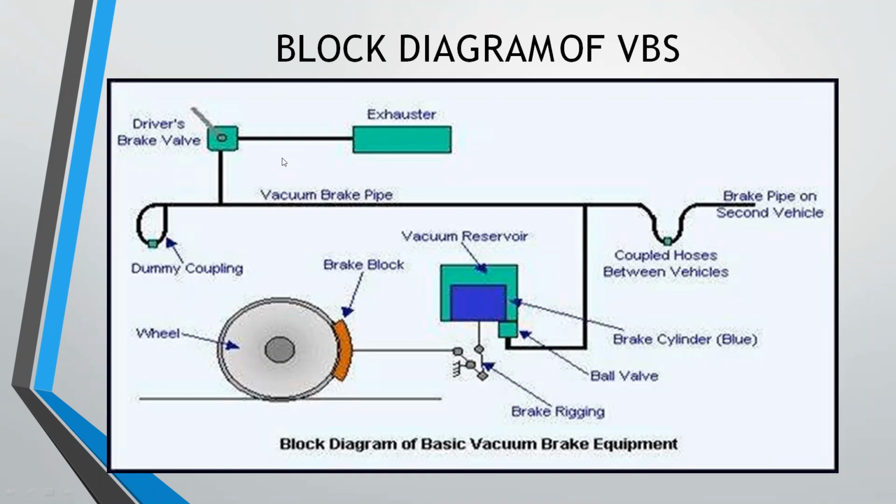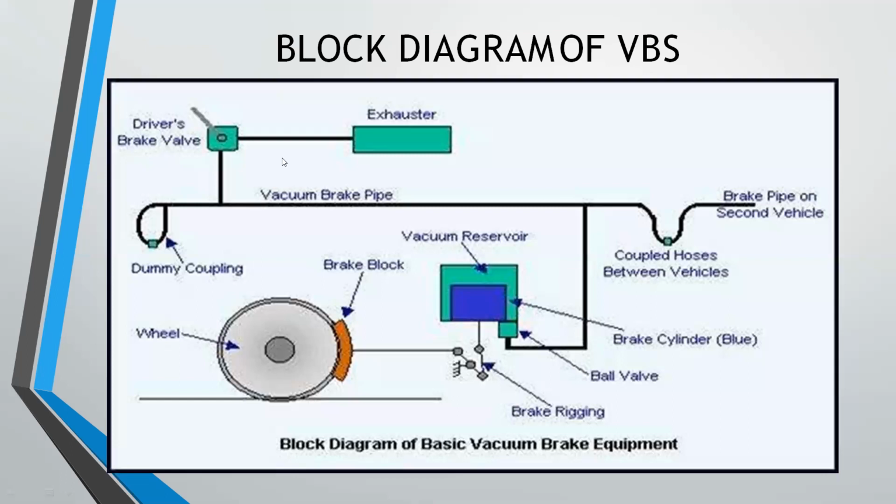So you can see there is an exhauster. Whenever pressure is applied on the driver's pedal, the vacuum travels through the vacuum brake pipes, and there is a vacuum cylinder and brake cylinder.